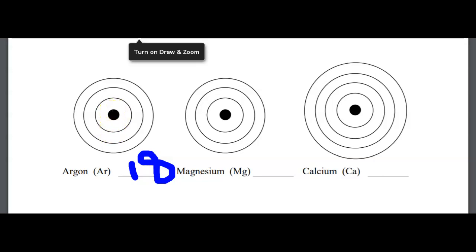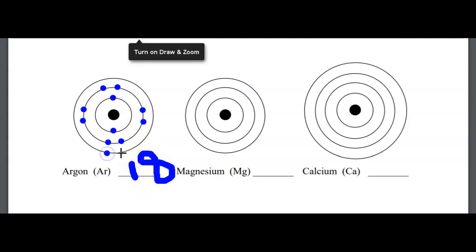The first energy shell can hold 1, 2. The second shell, remember, can hold 8. 1, 2, 3, 4, 5, 6, 7, and 8. Now, we have 8 in the second shell and 2 in the first shell for a total of 10, but remember, we need 18.